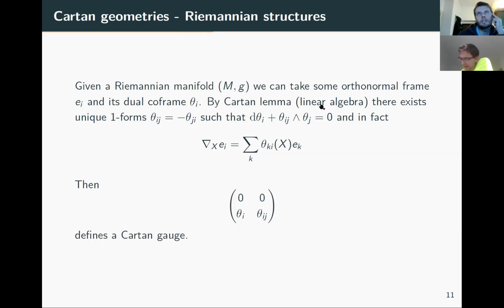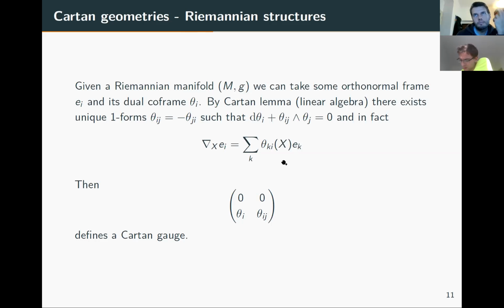There is this famous Cartan lemma from multilinear algebra that says there exists a unique set of one-forms theta^i_j, which are anti-symmetric in the indices, such that d theta^i is theta^i_j wedge theta^j. So this coframe gives you the soldering part, and this theta^i_j coming from the Cartan lemma gives you the SO part, because you just identify SO with anti-symmetric matrices.